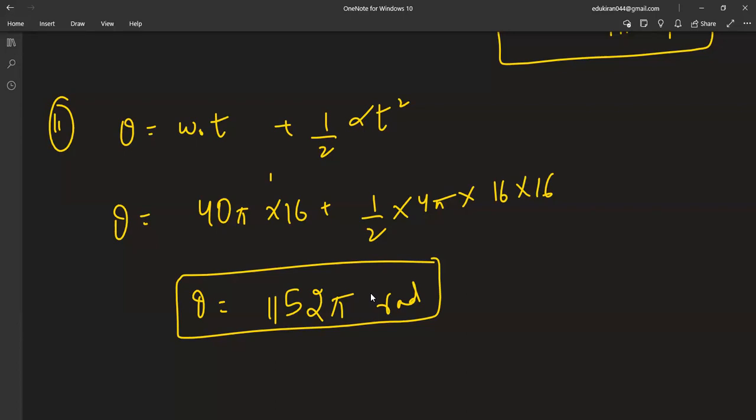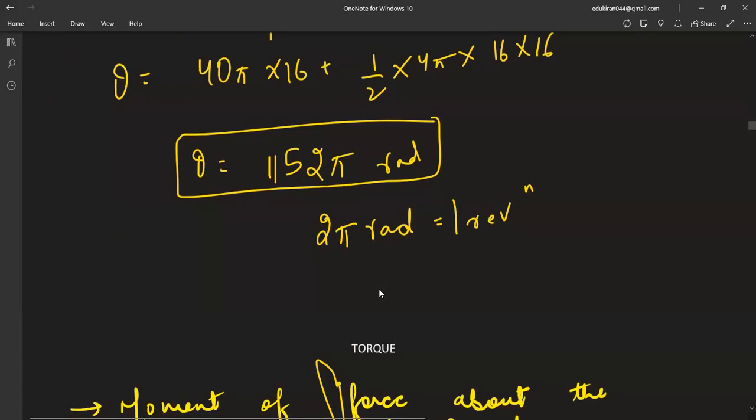No. We know that 1 revolution is equal to 2 pi radian. Let me write it the other way around. Two pi radian is equal to 1 revolution, right? So what is 1 radian equal to? Apply your unitary method.